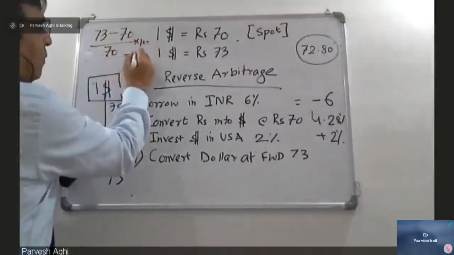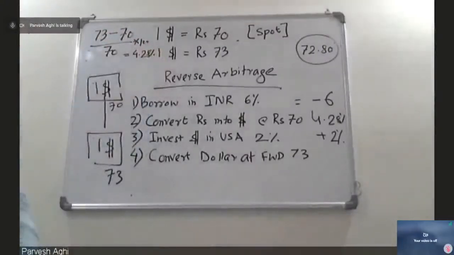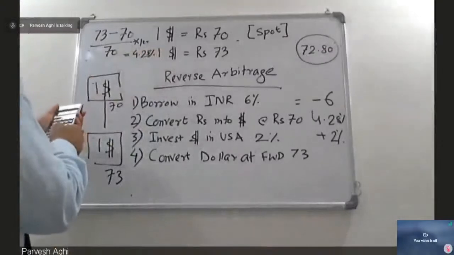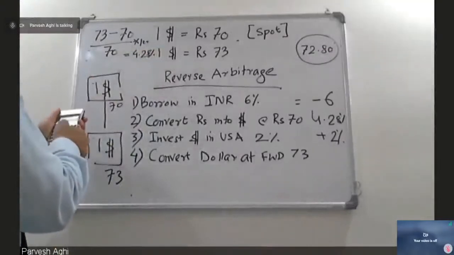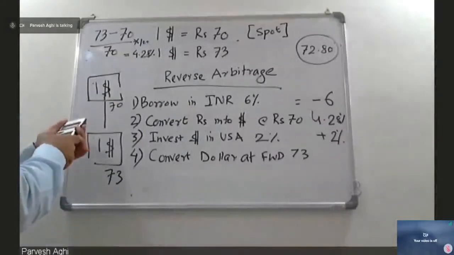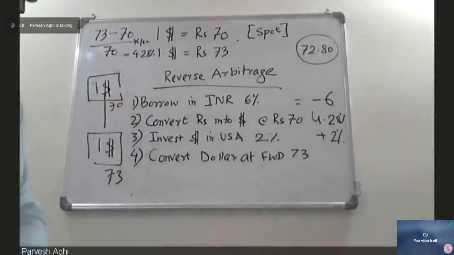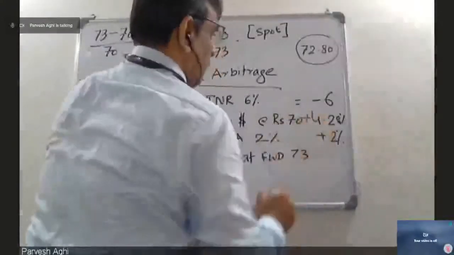So you will get 4.28%. Let me just check again: 73 minus 70 divided by 70, into 100. So you get a 4.28% gain, which means you have got a gain of 4.28%.